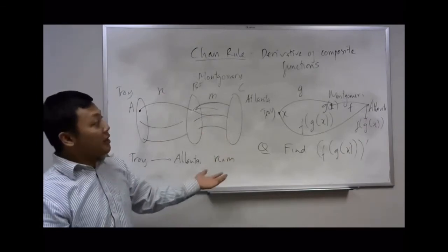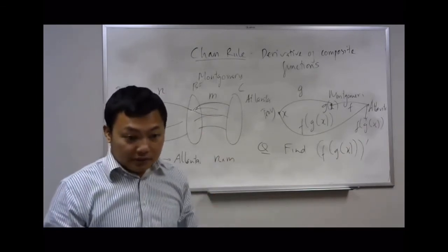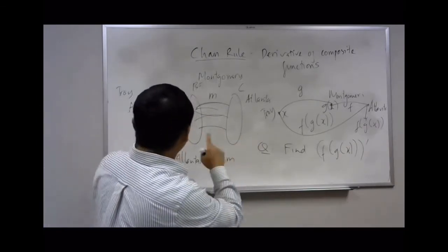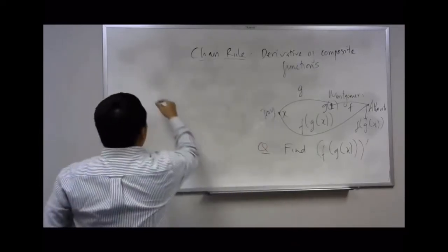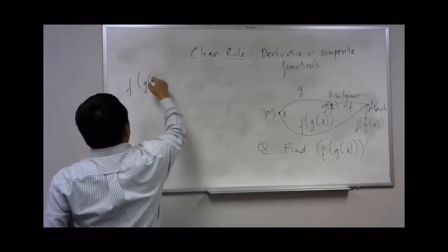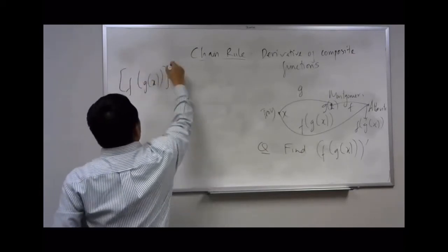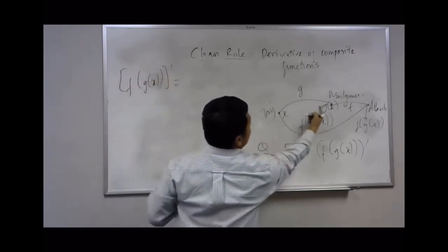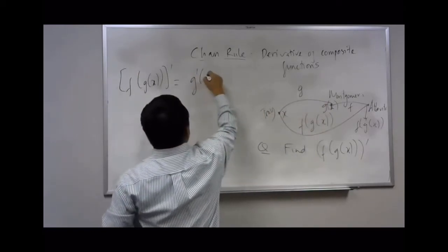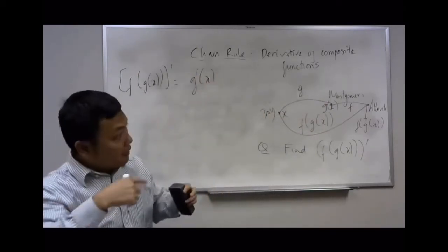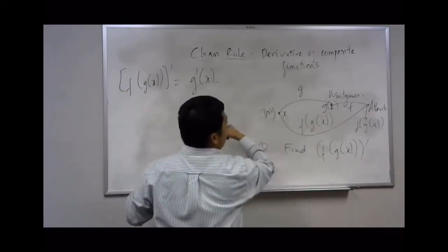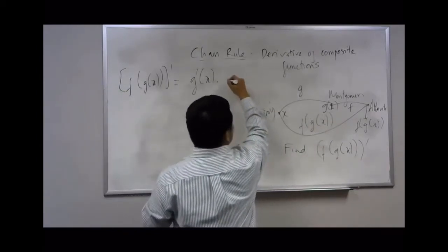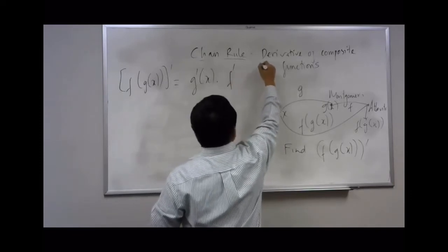So what is the rate of change? That is the derivative. That means the derivative of f of g equals the derivative of g, that is the rate of change from Troy to Montgomery, multiplied by the rate of change from Montgomery to Atlanta, that is f derivative.